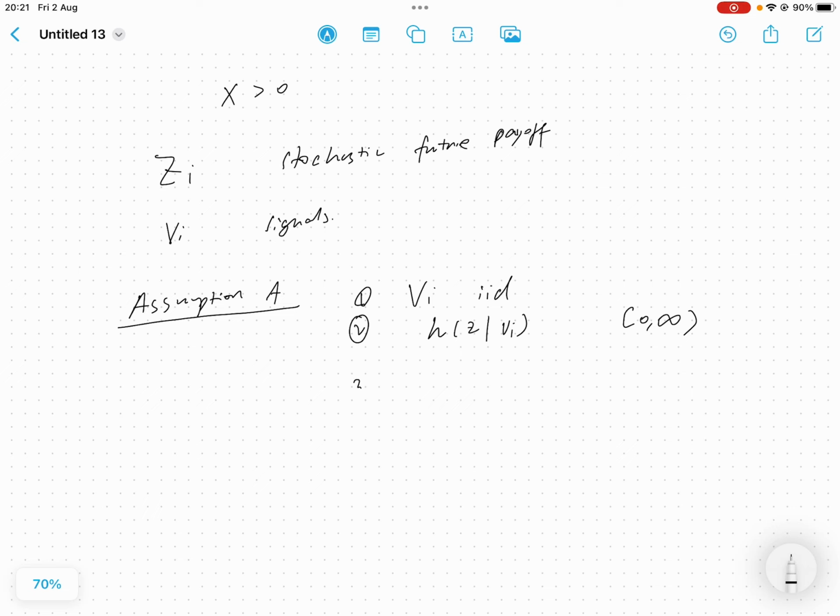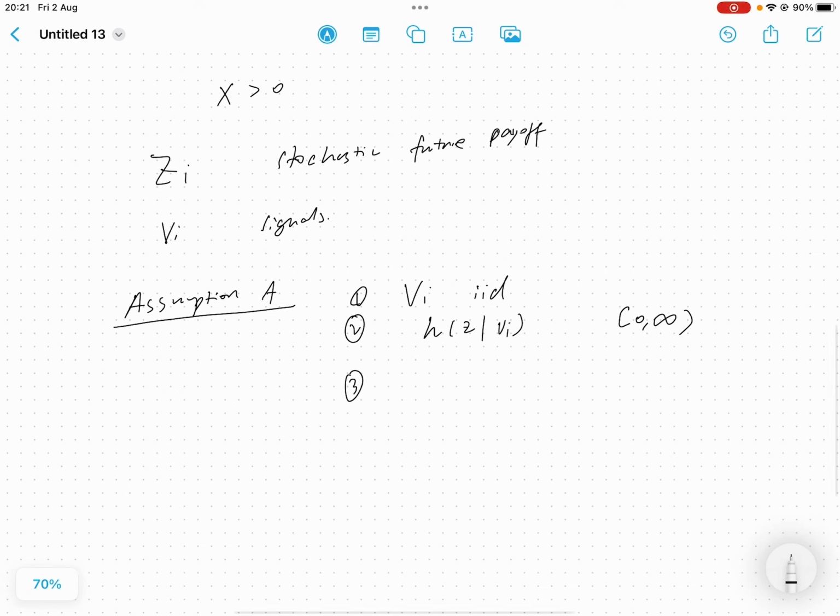Thirdly, the tuple Zi and Vi have the strict monotone likelihood ratio property, or SMLRP in short.